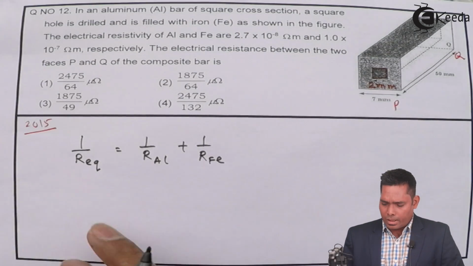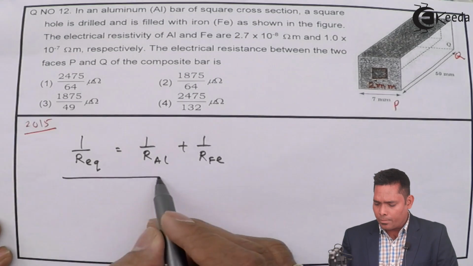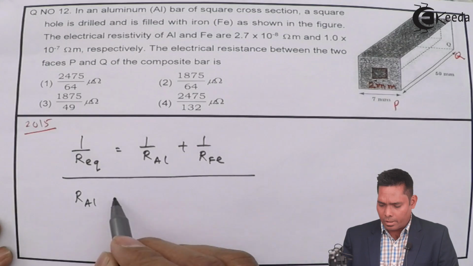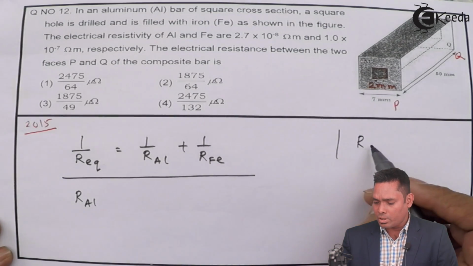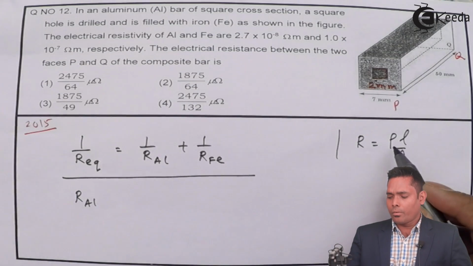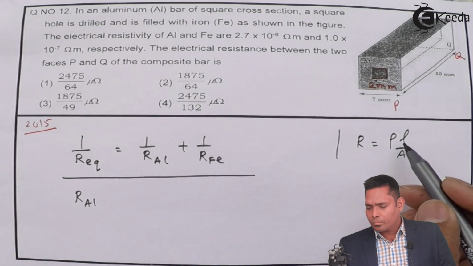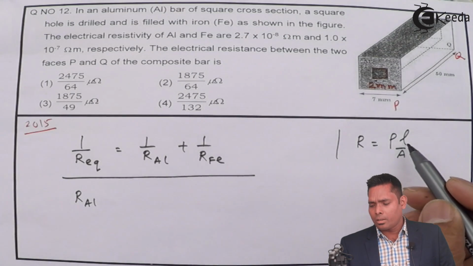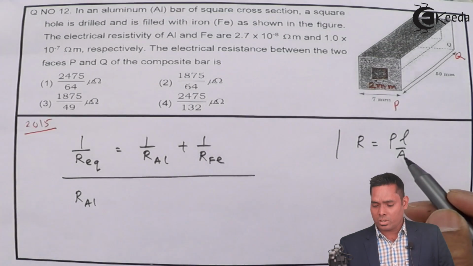So to solve this, you have to find individually the resistance for aluminium. In general we know that the resistance of a conductor is given by rho L by A, where rho is the resistivity, or it's known as specific resistance. L is the length of the bar or conductor, A is its area of cross section.